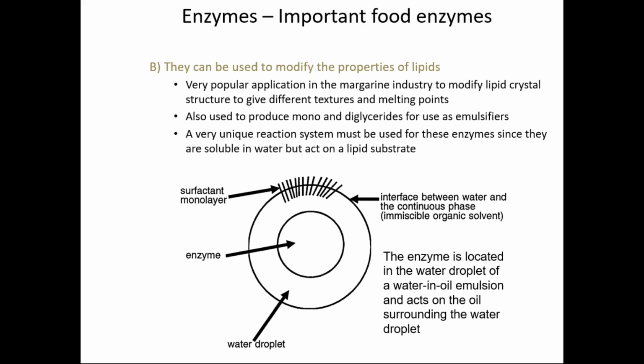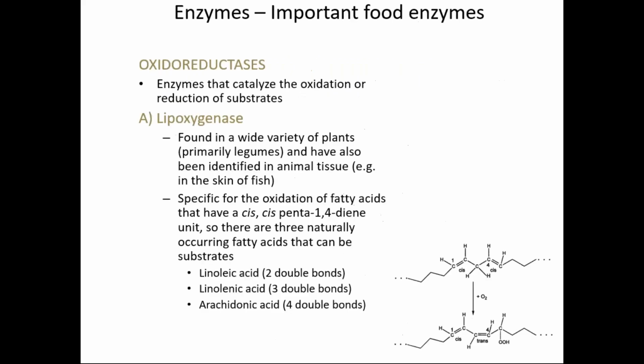So they are used to produce mono and diglycerides, and they are also used to produce DAGs. And we have seen how the lipids can form a phospholipid bilayer, and they are able to take in the fat into the hydrophobic part and hold the water in the hydrophilic part.